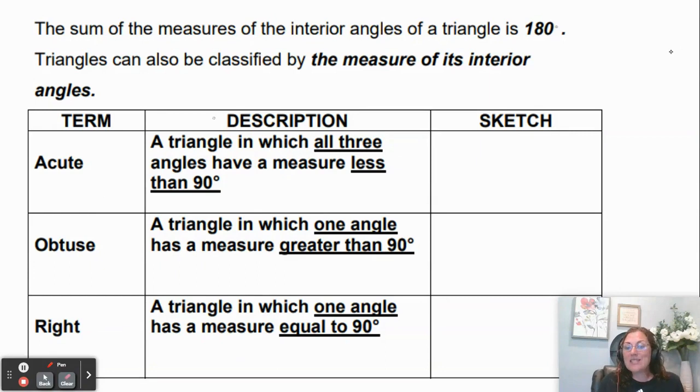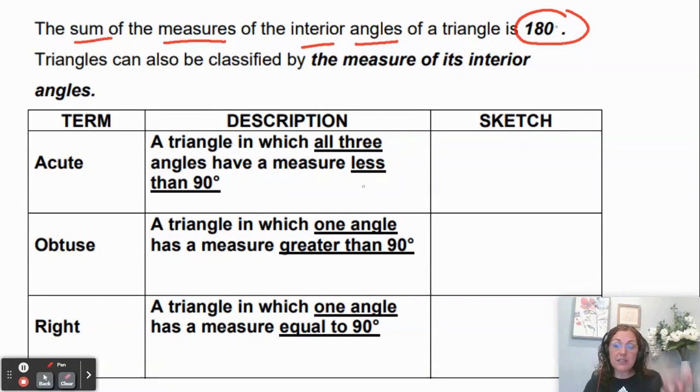Now, one important detail about all triangles is that the sum of the measures of the interior angles must add to 180 degrees. So because of these angles inside of a triangle, we can also classify the triangles by their angles. So a triangle is said to be acute if all three of the angles are acute.